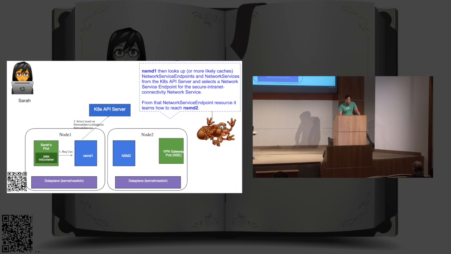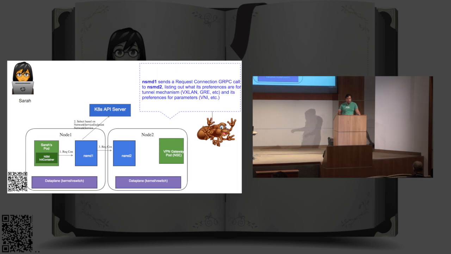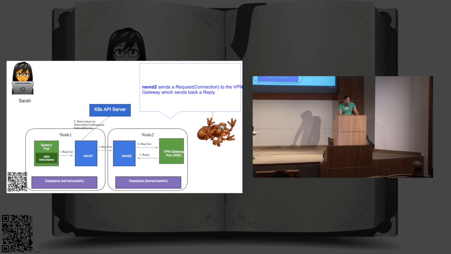So it'll make the request to the network service manager of that node, but it also adds additional things. This data plane will have certain capabilities. It might say, I can speak VXLAN and GRE, and these are my preferences for my parameters. It passes that information to the second network service manager on the system.